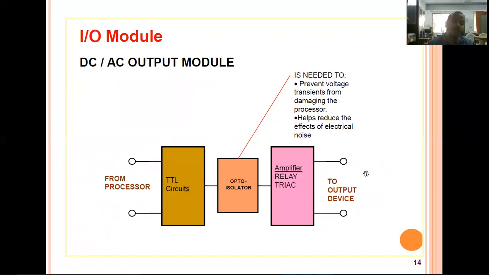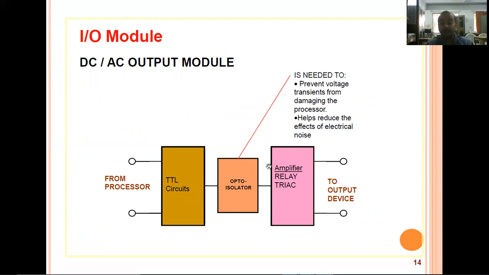Now, for the output module, from the processor the output first goes to the TTL, the transistor logic circuit. Here a three transistor configuration is mostly used, and these try to make the output signal into one output signal. After that, the opto isolator is again used to make the isolation between the processor unit and the output device.